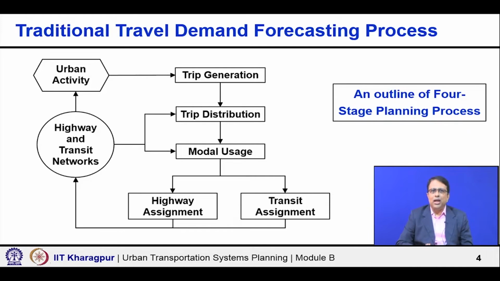Now, this feedback arrow after highway assignment goes back to the highway and transit network. What is the reason for that? It may be explained as follows. When we are doing trip distribution, we are assuming some value of travel time based on certain characteristics of the highway and transit network.